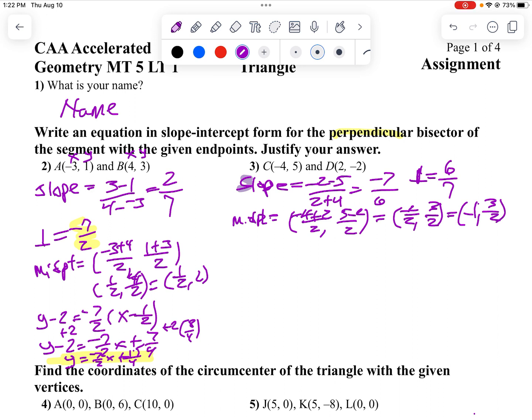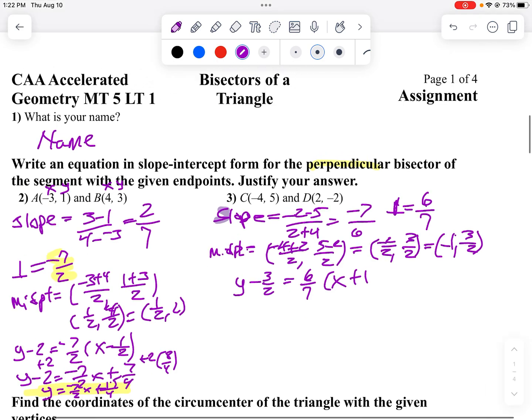So now we can write our equation. So I'm going to say y minus 3 halves equals, sorry, I forgot to turn my notifications off, times 6 over 7 times x plus 1.